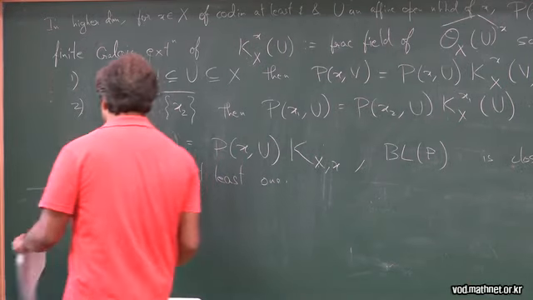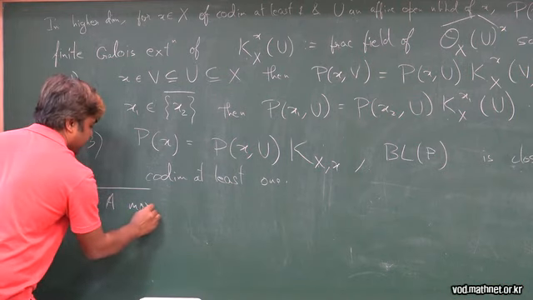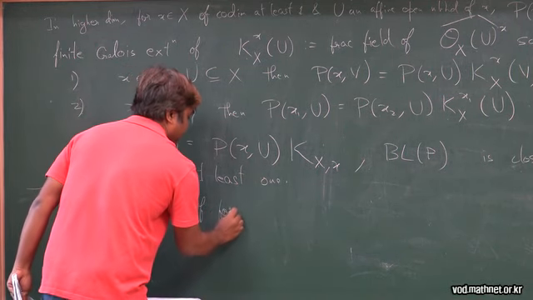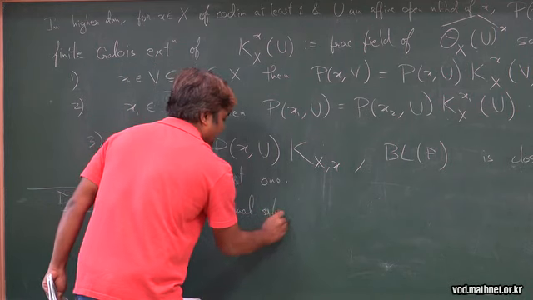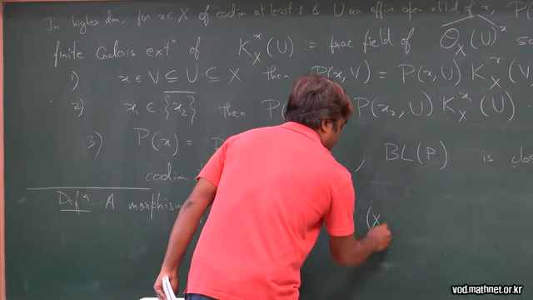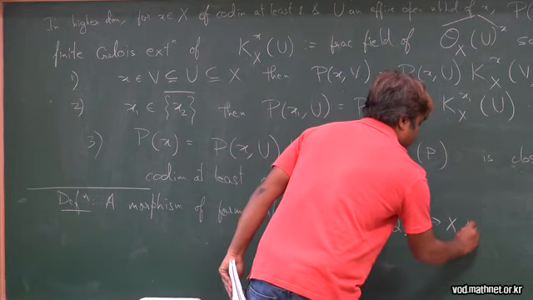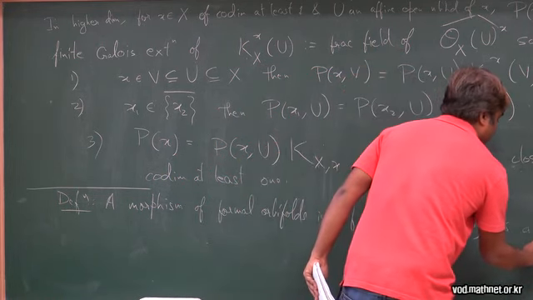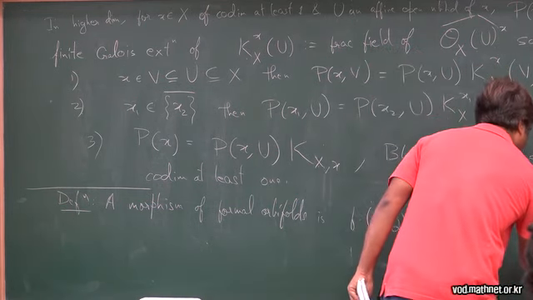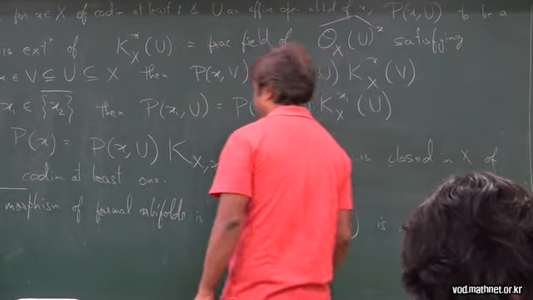So a morphism. Unfortunately, that's too many definitions. A morphism of formal orbifolds from (Y, q) to (X, p) is a dominant, separable, admissible morphism.